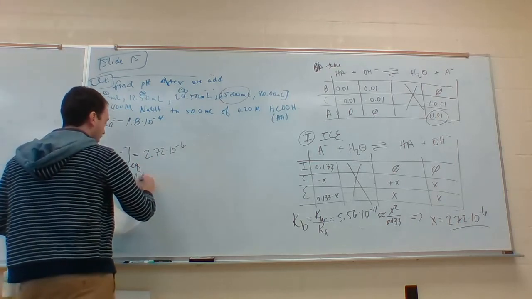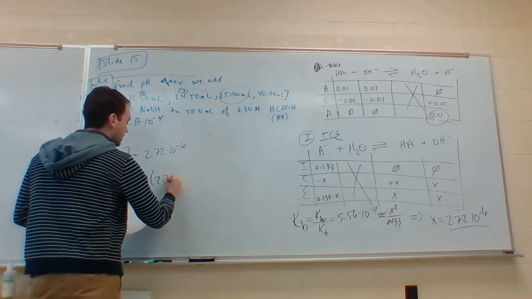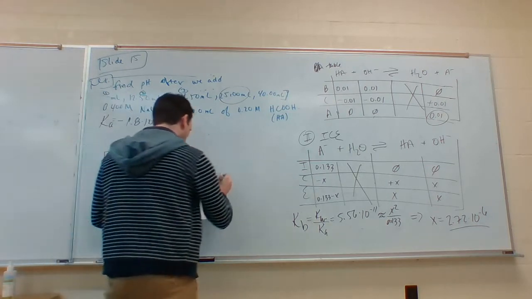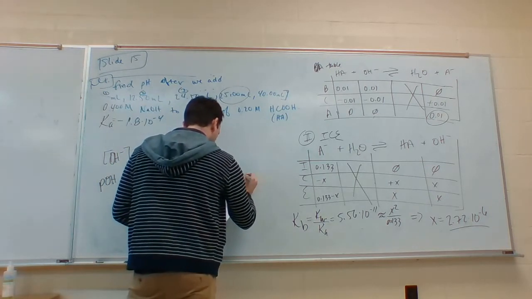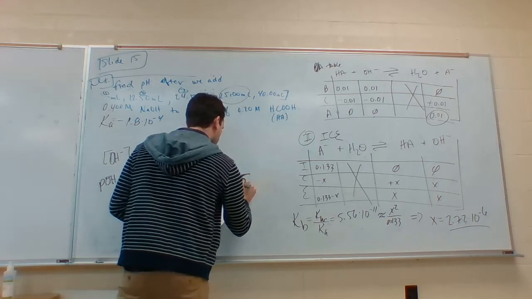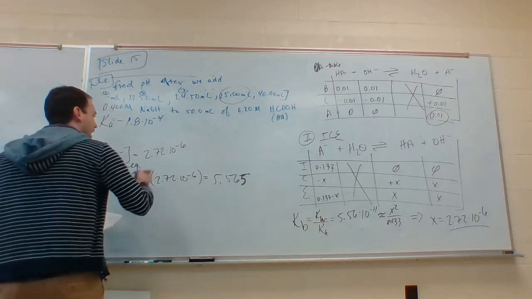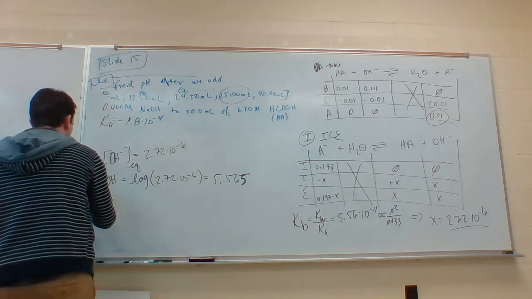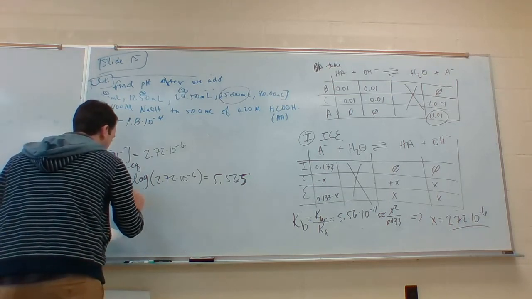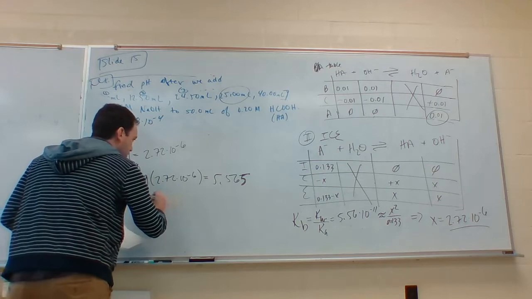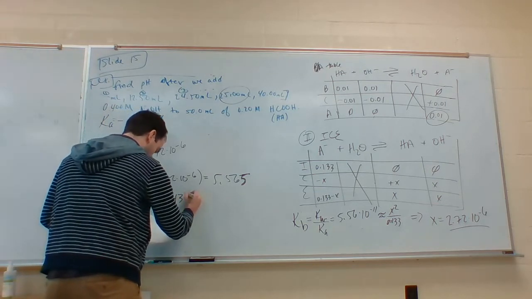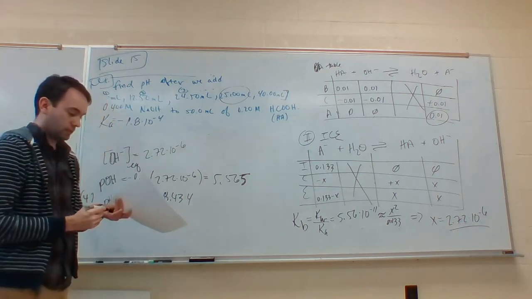Because that's going to be the negative log of that number, 2.72 times 10 to the negative 6, which is equal to 5.565. Okay, and now our pH finally is equal to 14 minus pOH, which is equal to 8.434.